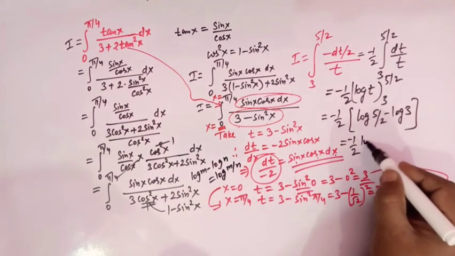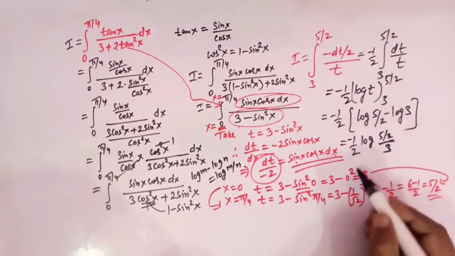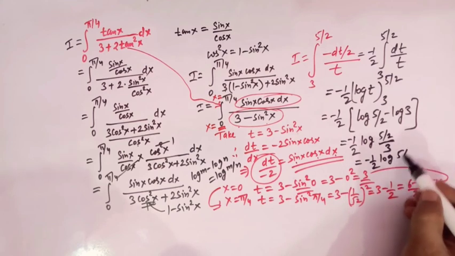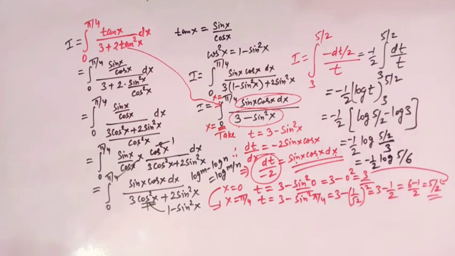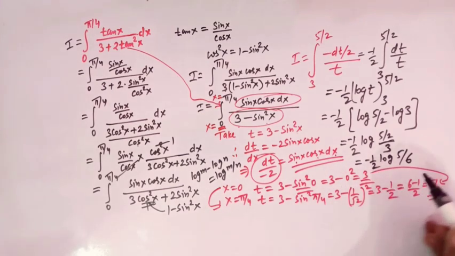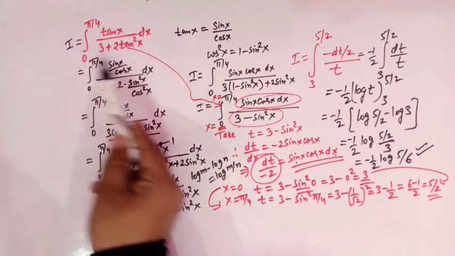So here we can write log 5 over 2 divided by 3. So now this is minus half log 5 over 6, right? So this is minus half log 5 over 6. So this is the required value of this integral.